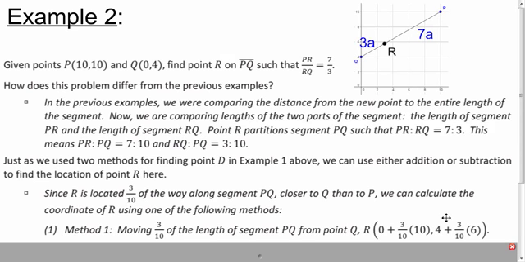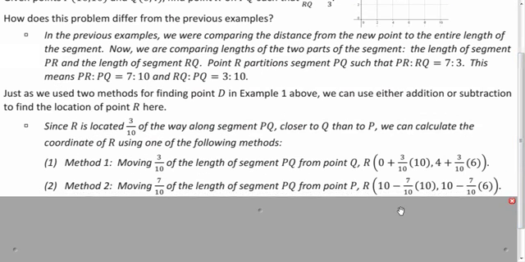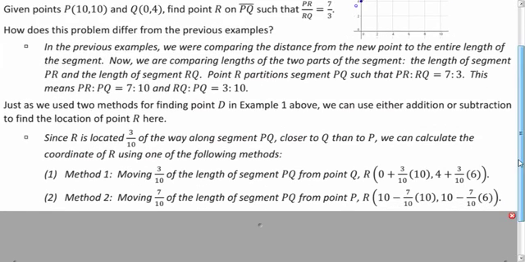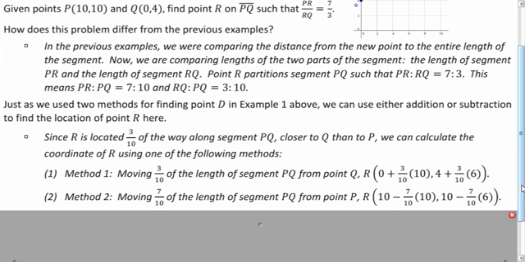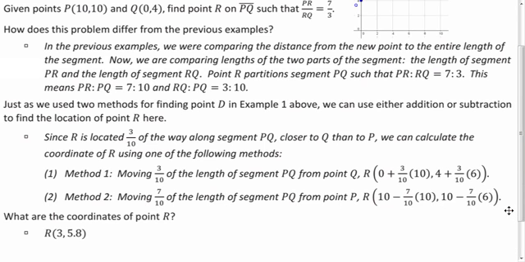So 0 and 4, we add 3/10 of this difference, which is 10, and 3/10 of this difference, which is 6. Or we could go the other direction, start with P, and go 7/10 away. And so R has the coordinates of 3, 5.8, no matter which formula you use.